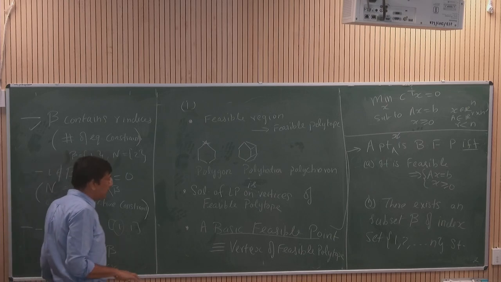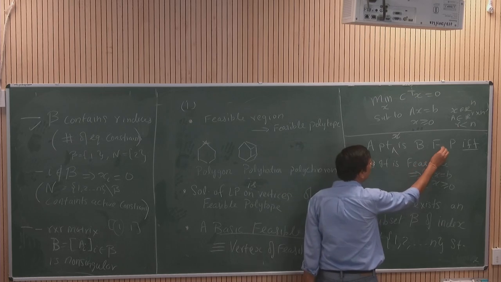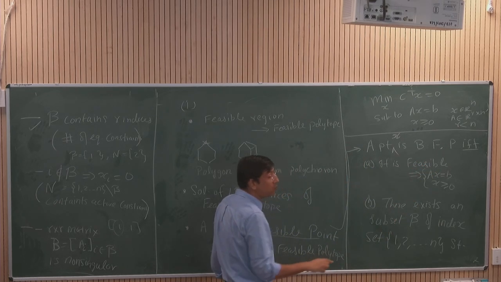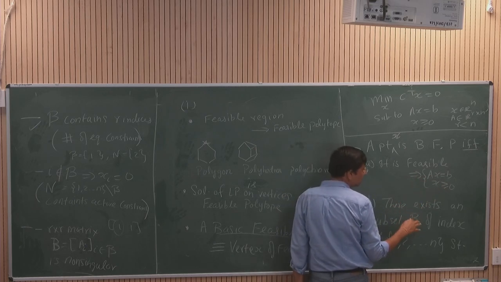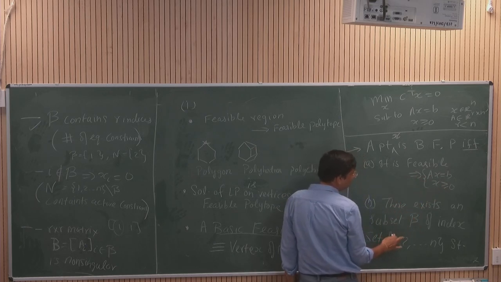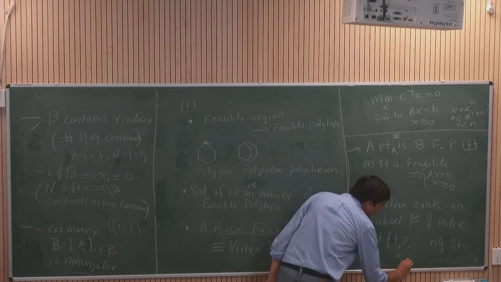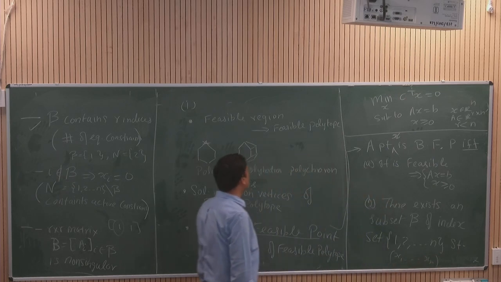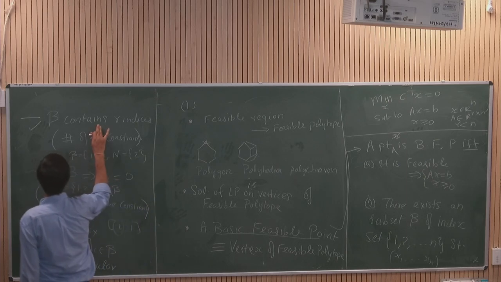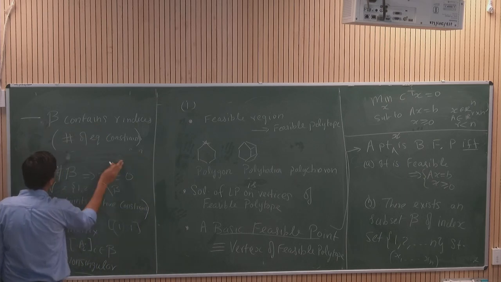So to repeat, a point is a basic feasible point, or a vertex of the polytope where the solution we know lies, if it is feasible and there exists a subset of the index set 1 through n. These are the number of x's you have, no? x1 to xn. Such that B contains R indices, that means it contains the number of equality constraints.